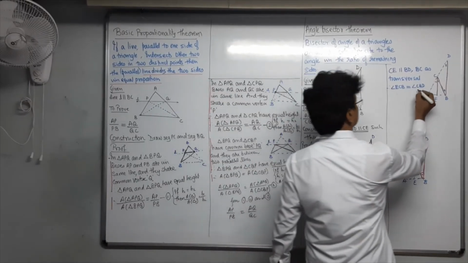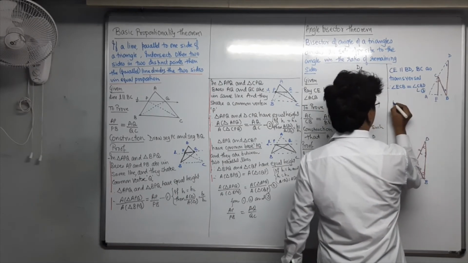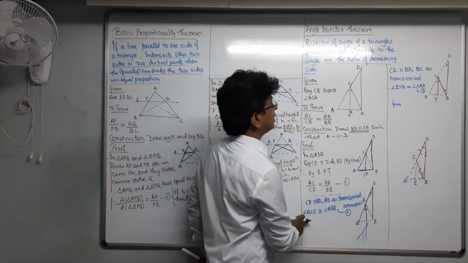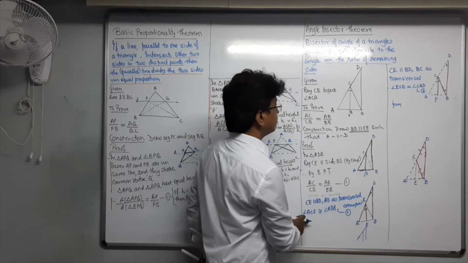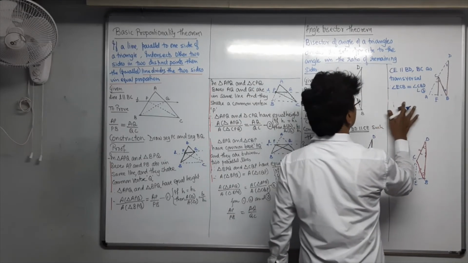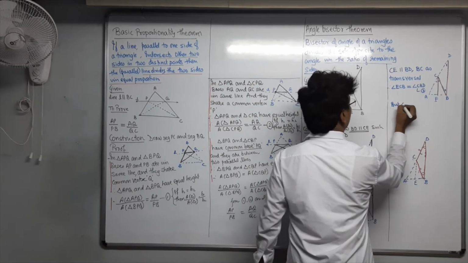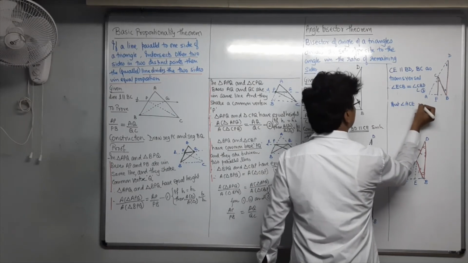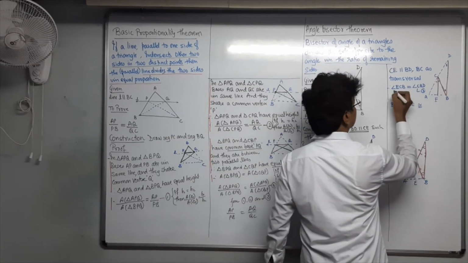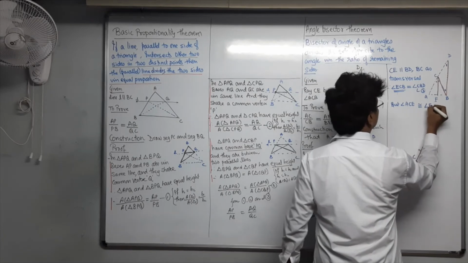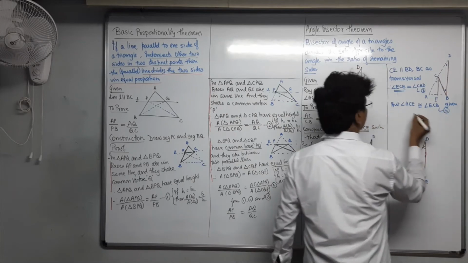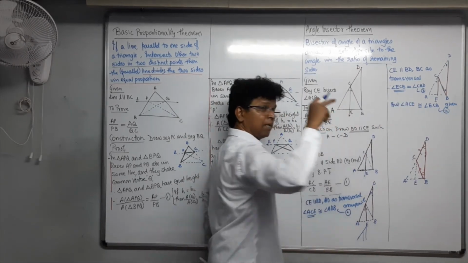This is second, this is your third. Angle ACE is congruent to angle ECB. This is given. This becomes your 4. Fine. These two angles are congruent. This is given to you.